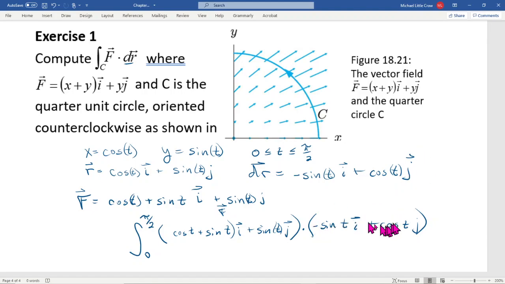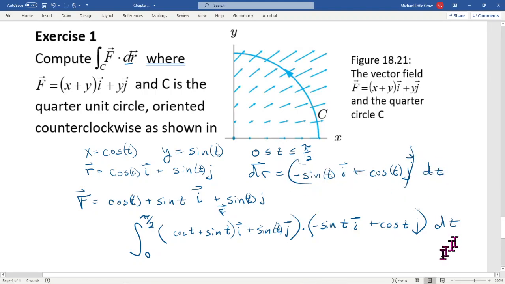And now everything's in terms of t, so we'll integrate at the end. I took the derivative with respect to t. So that's what dr is, that dt.